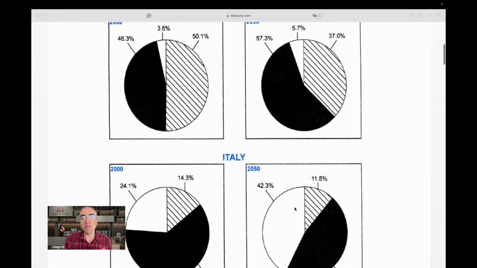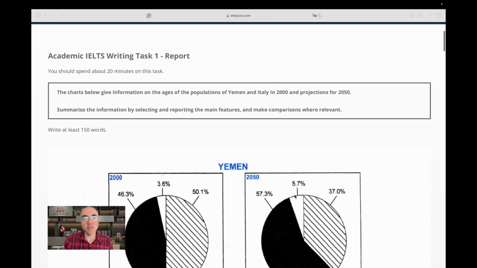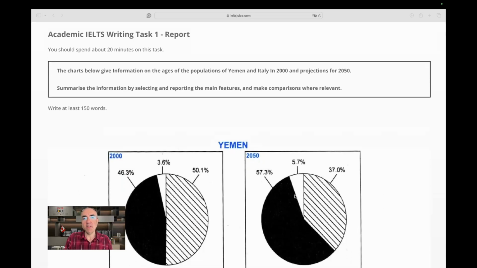Understood. Well, when we have such a task, there are multiple ways that come to your mind. But the safest one is to try and compare. Remember this word? Make comparisons where relevant. We should compare the items within each time frame because that's more manageable for us. We first focus on the past.